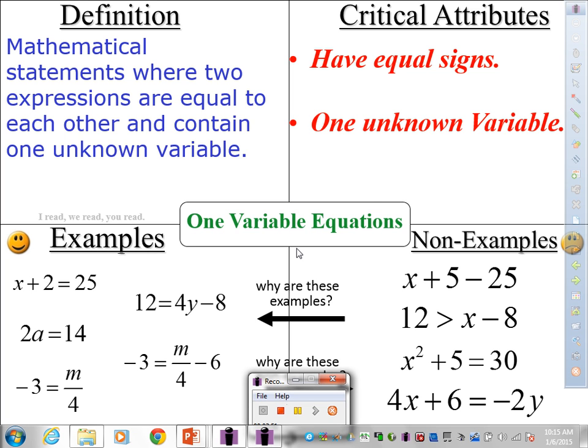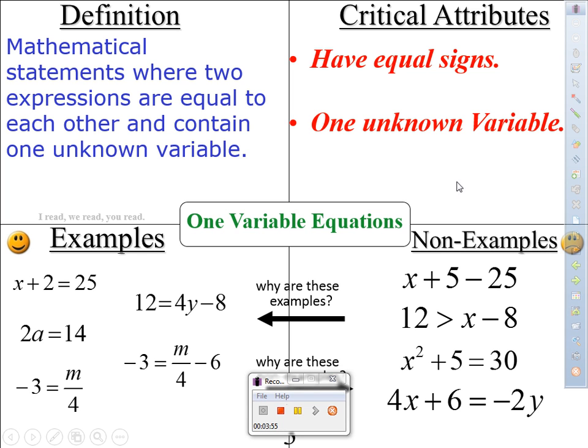Okay, now that we know what one variable equations are, let's copy the steps. Before I turn to that, who remembers the steps to solving one variable equations? 4 steps. Tell your neighbor the steps.